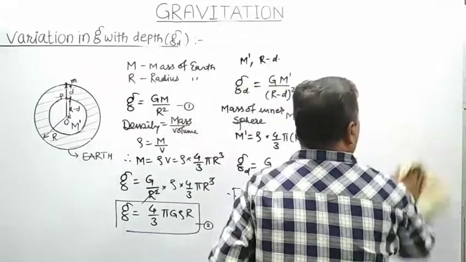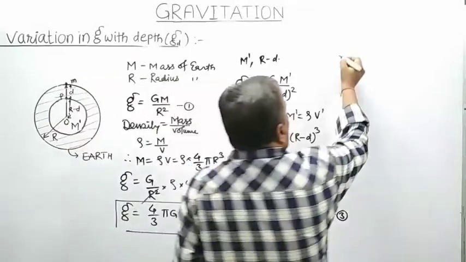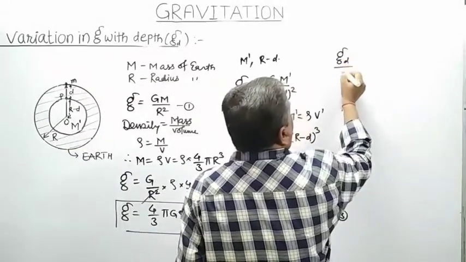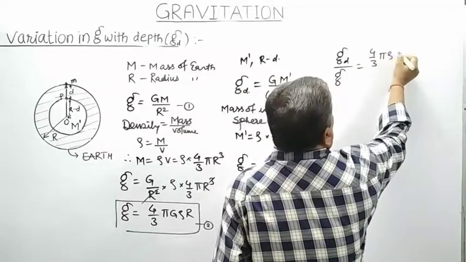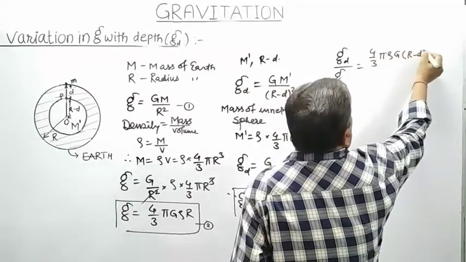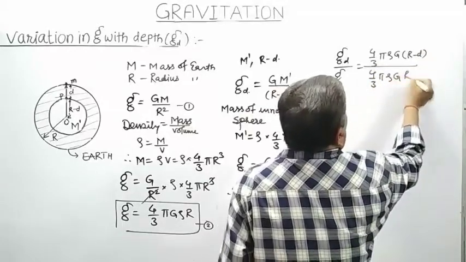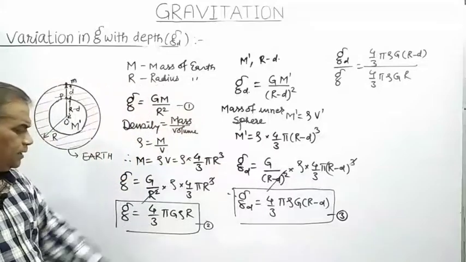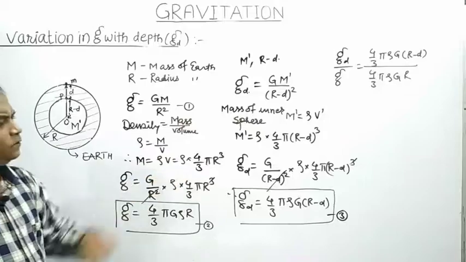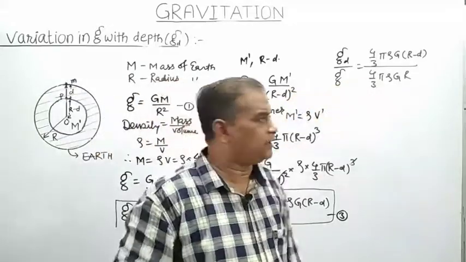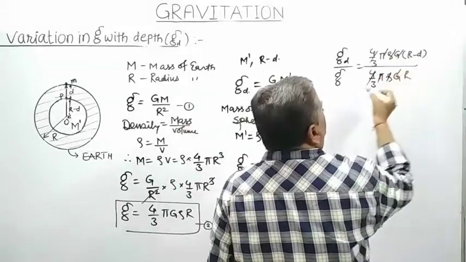So if I take the ratio of equation 3 and that of equation 2, what will I get? gD upon g is equal to 4 by 3 pi rho G into (R minus d) upon 4 by 3 pi rho G into R. Here 4 by 3 pi rho and G get cancelled.